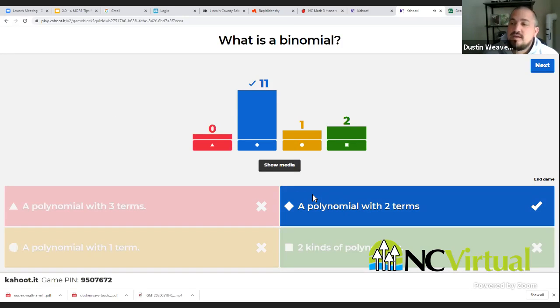Remember, a term is just one part of the polynomial. A binomial is like one of the things we were multiplying together on that problem where we had to do the rational equations. So 7x plus 2 is a binomial. 3x minus 4 would be a binomial. It has two terms.